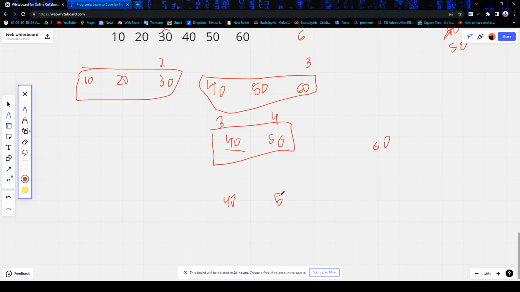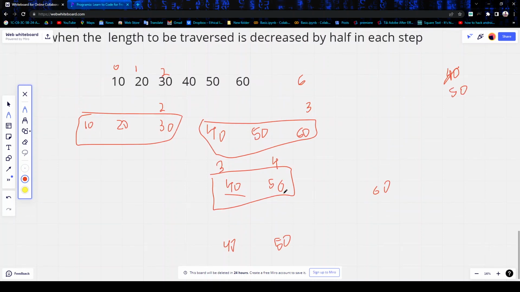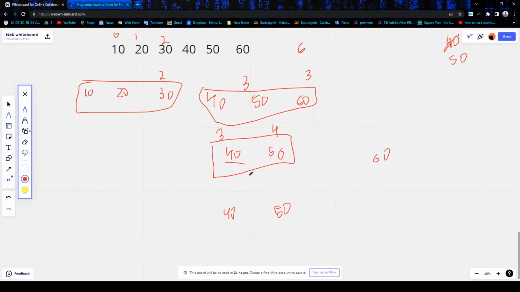So rather than iterating over each element, the length has been decreased to 3, then approximately 1.5, and at the end the length has been decreased to 1. That is 3 divided by 2 equal to 1, because of integer division.